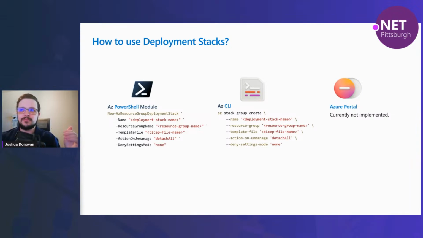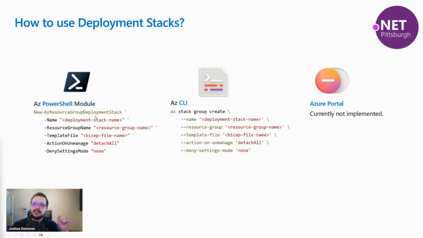There are a couple additional parameters that we can see both for the PowerShell module and for the CLI. For one, if you're doing the normal deployment, name is not required. So if you're doing a normal deployment, name can be auto-generated because that deployment object in Azure is pretty ephemeral. Like it doesn't matter if it gets deleted in the future.